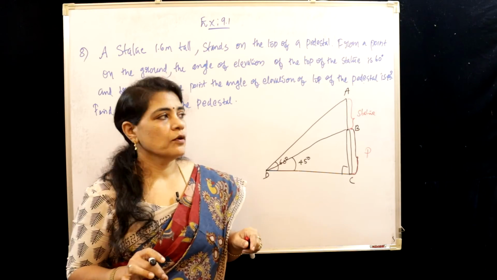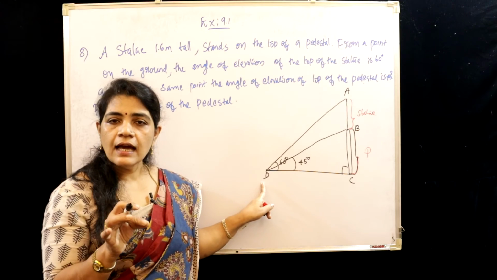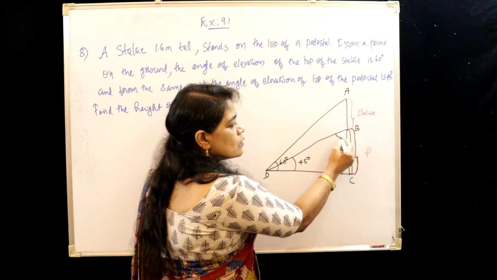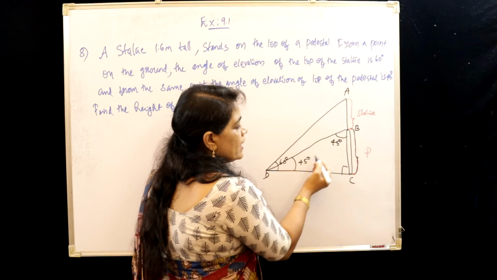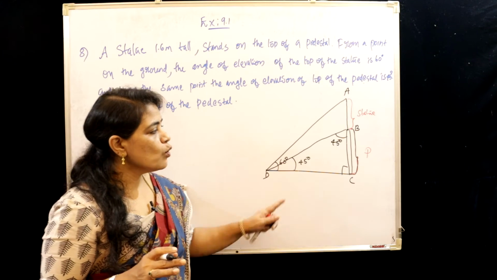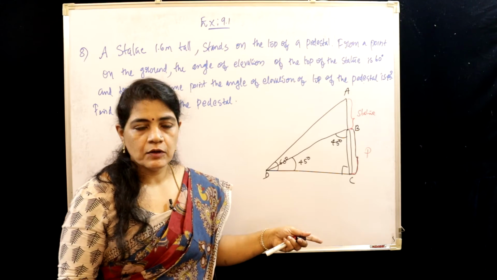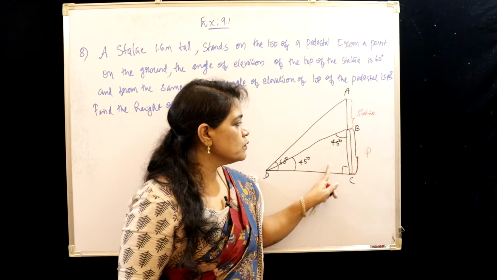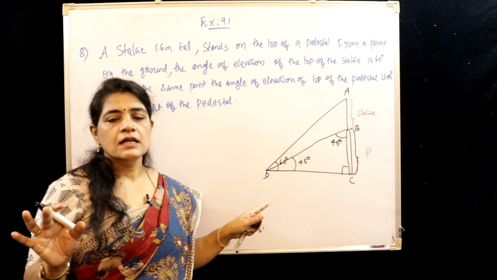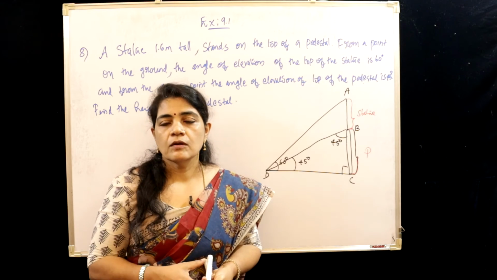Another very important point is that right triangle BCD is an isosceles right triangle. Why? Because this is 90 degree and this is 45 degree and this also 45 degree. That means the length of BC will be the same as DC, because sides opposite to equal angles are equal. These are the basic concepts you should have before you solve the problem.